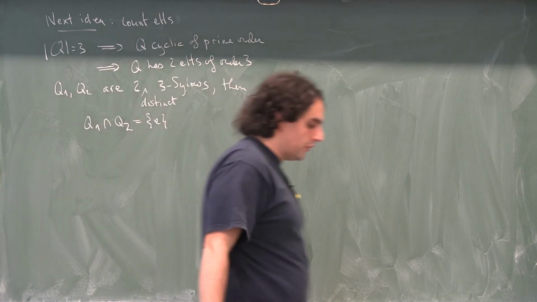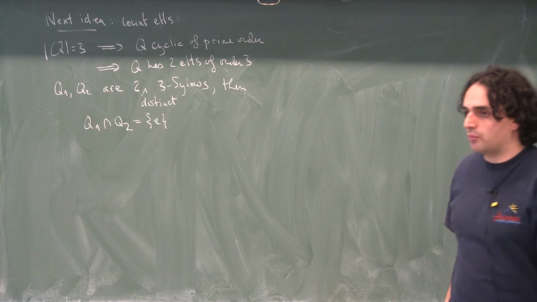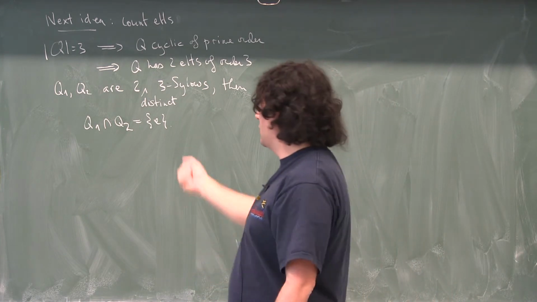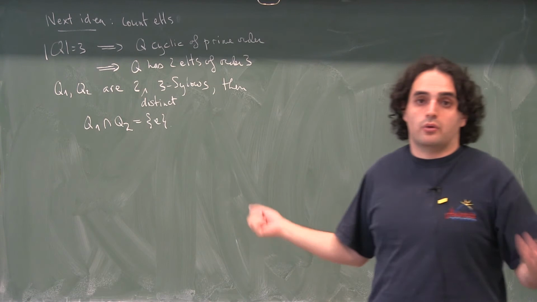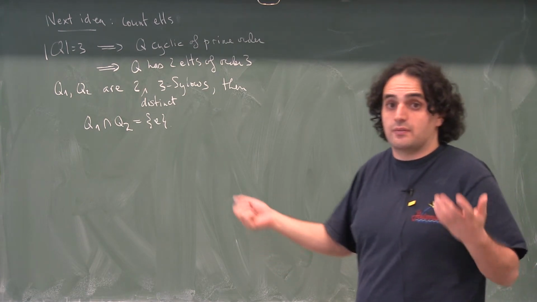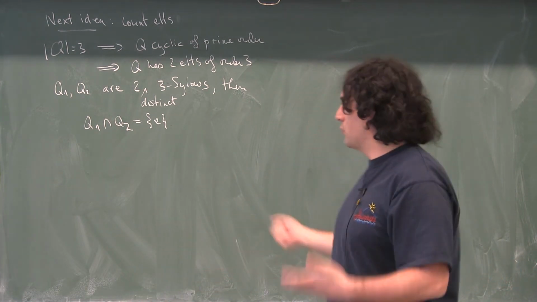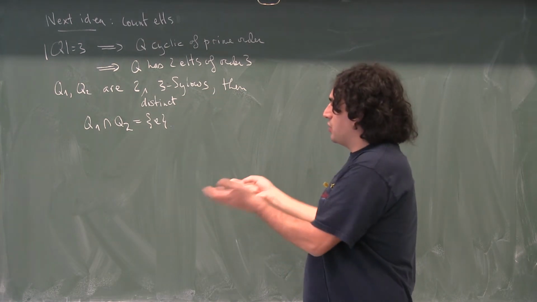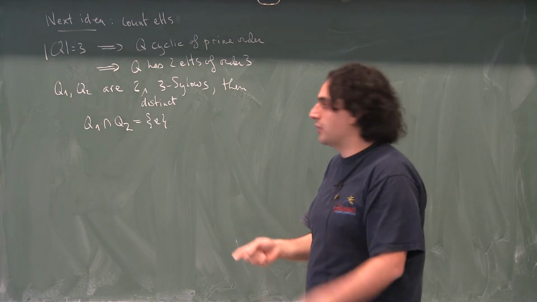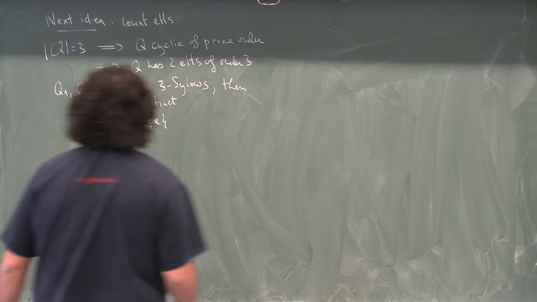Why? Because the intersection is a common subgroup of both Q1 and Q2, so its order must divide 3. So it's 1 or 3. But because they are distinct, if their intersection has order 3, they're equal. So the intersection must have order 1.